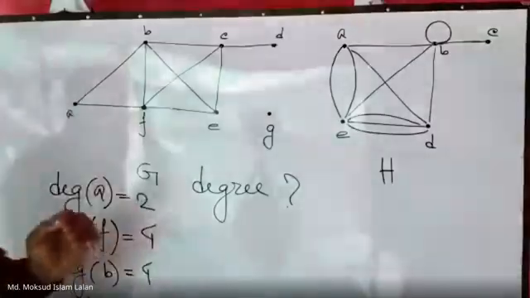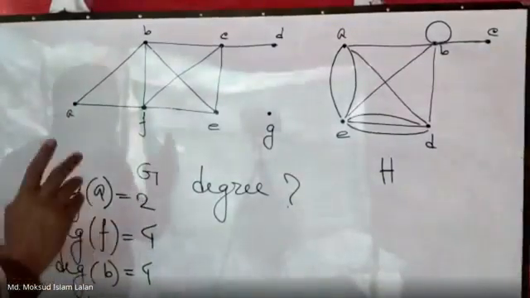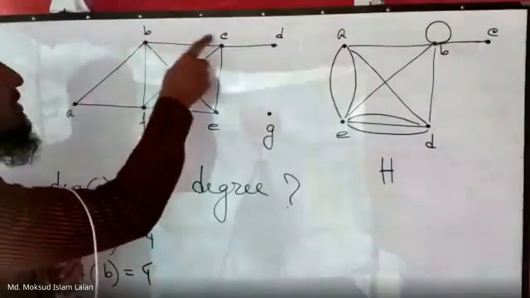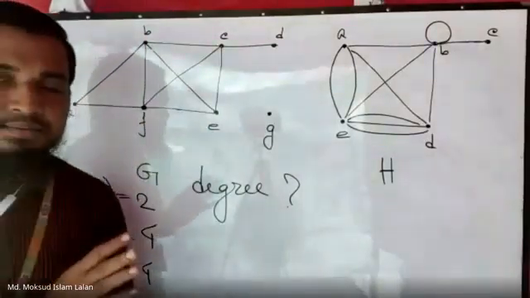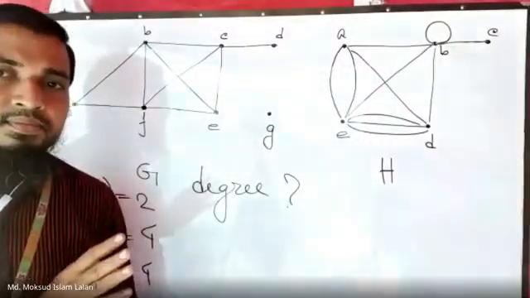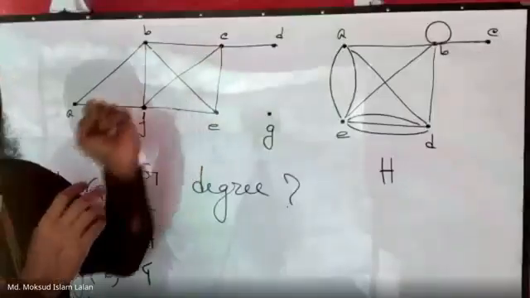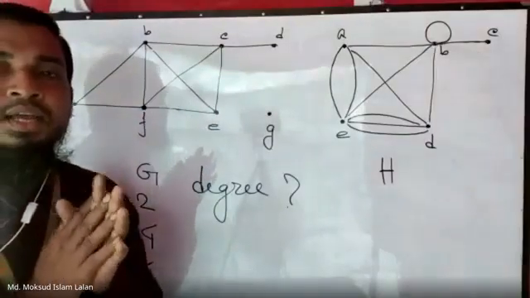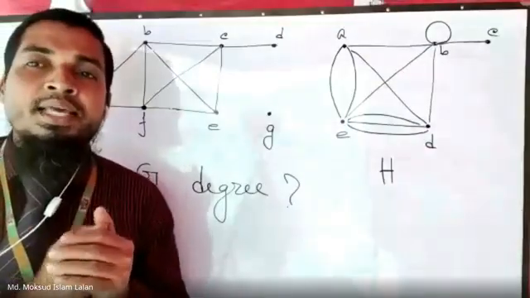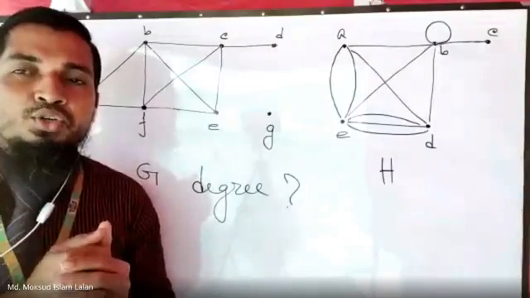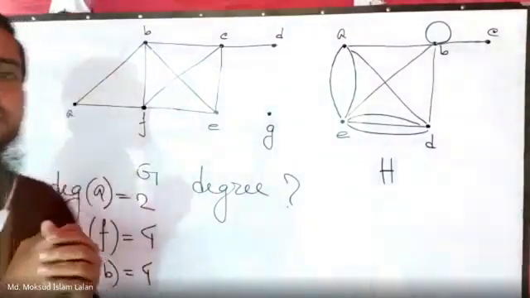Okay, now coming here, we know J, B and C are called adjacent vertices, right? Yes, sir. Dear student, there is another keyword, neighbors.